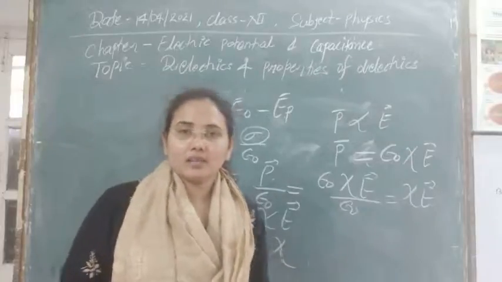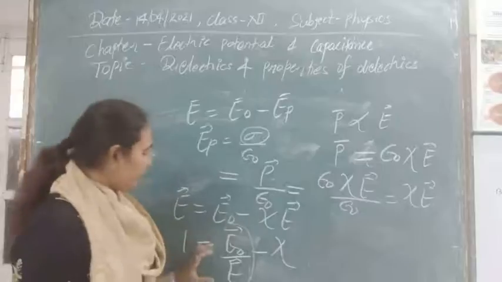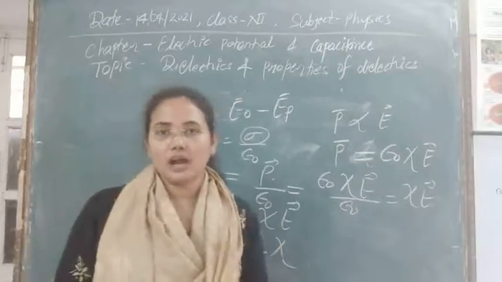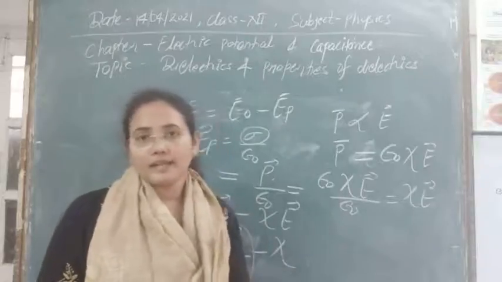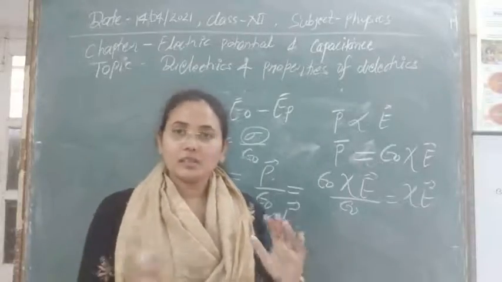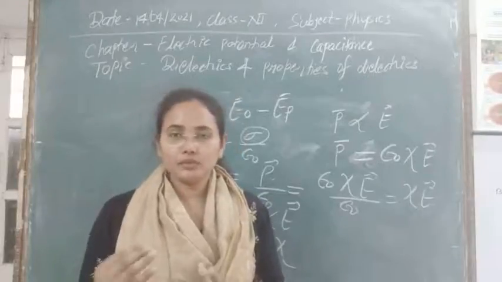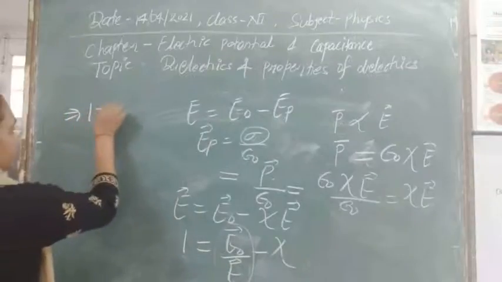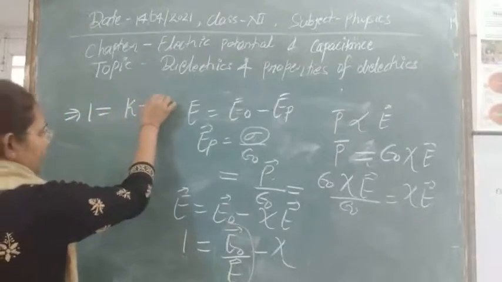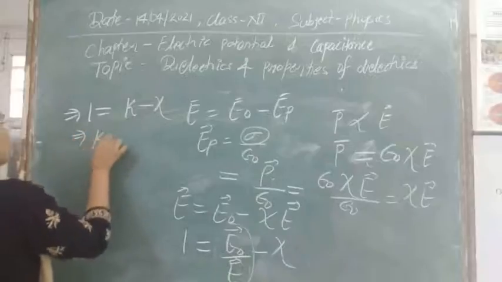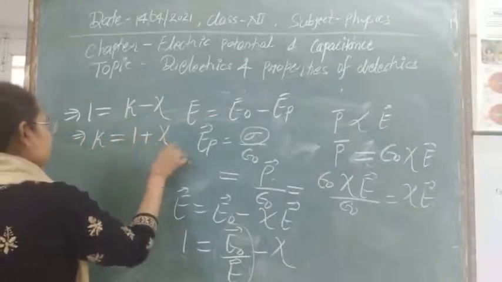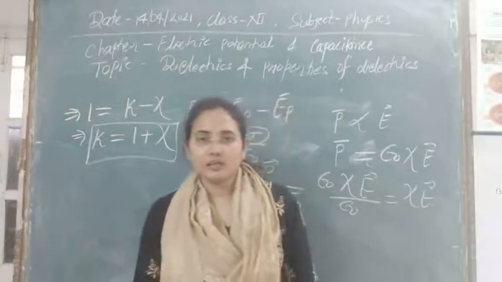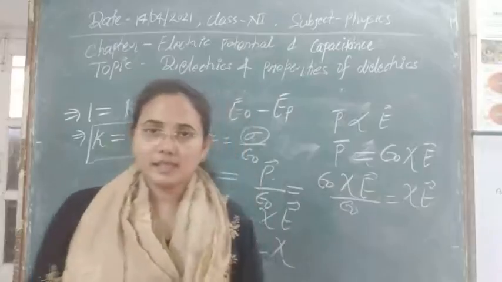As we defined, the dielectric constant is the ratio of the electric field present outside to the net electric field that is reduced by the polarization produced in the dielectric. So in place of this we write K, and this is chi. From here K will be equal to 1 plus chi. This is the relationship between dielectric constant and electrical susceptibility.